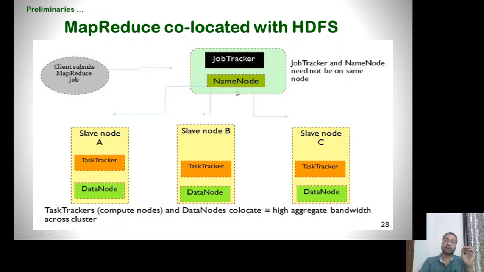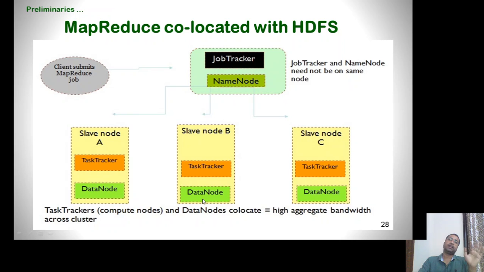The job tracker and name node will be executed on the master machine, and on the slave machines the data node and task tracker will be executed. For each slave node, a data node and a task tracker will be executed. The task tracker and data node reside on the same machine so that the task tracker can directly access the data from the data node.